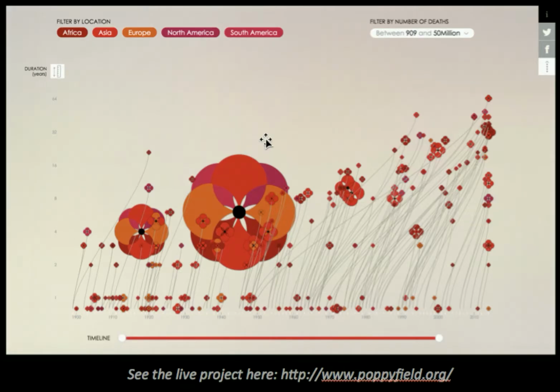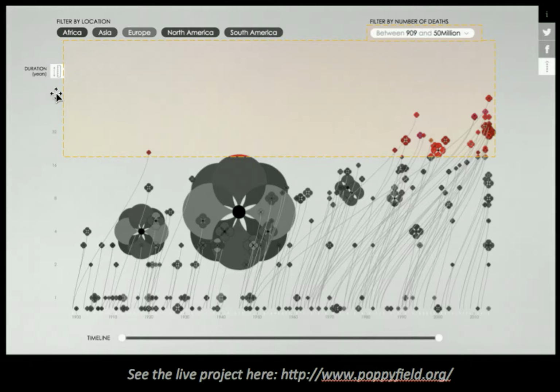So let's look at the poppy field example. Obviously, there is a major negative space area between the data, which is the poppies on their strings, and the area toggles.